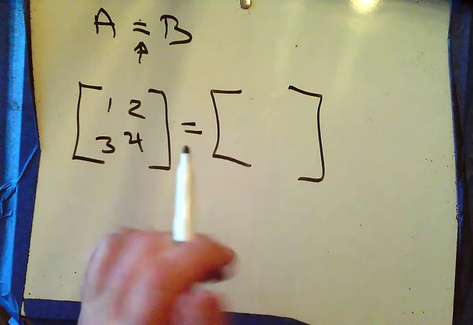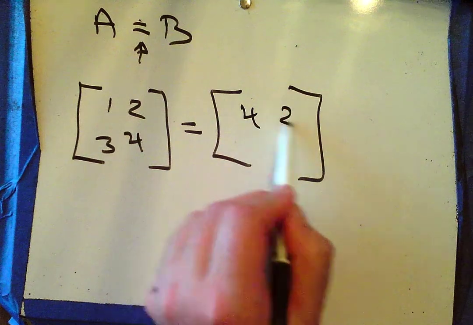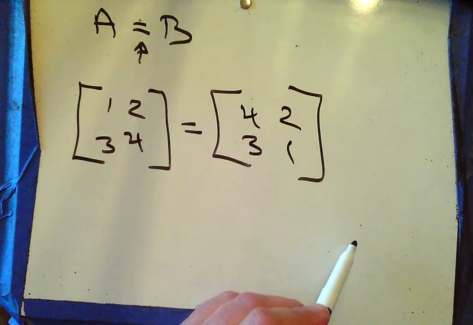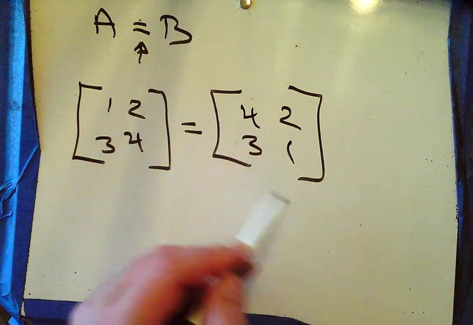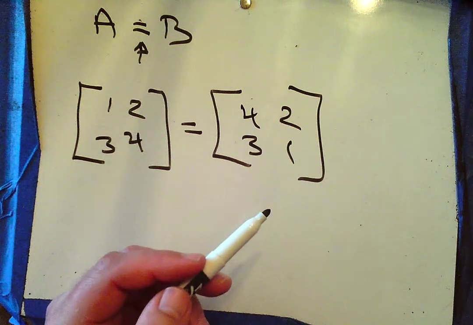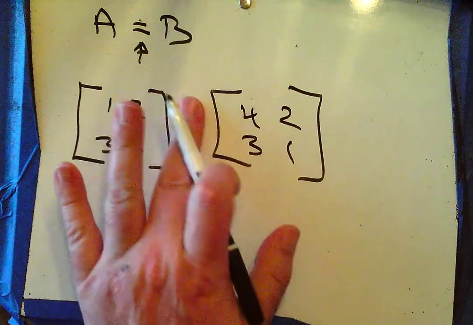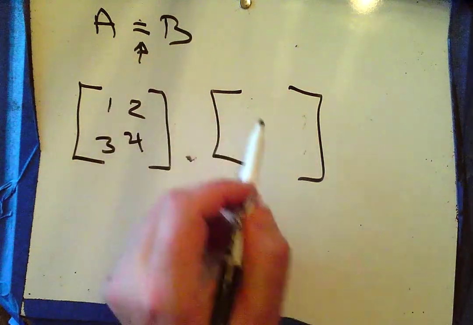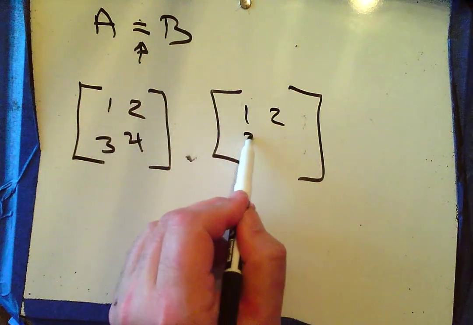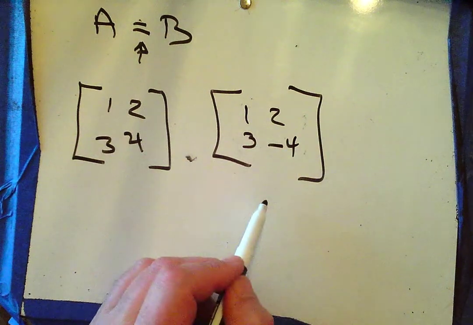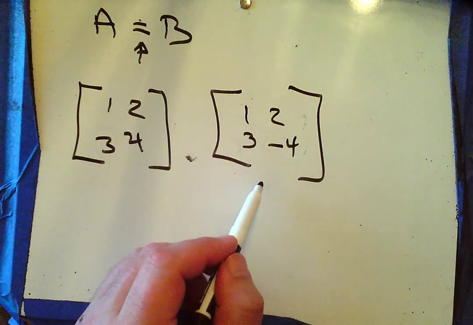Now, if I change matrix B to be 4, 2, 3, 1, all the objects are still in the box, but they're not in the right order, so these matrices are not equal to each other. Okay? What about this matrix? 1, 2, 3, -4. Are these matrices equal to each other?